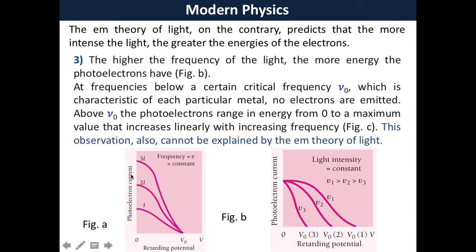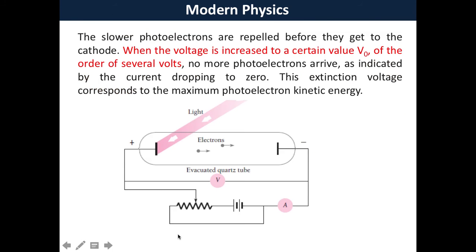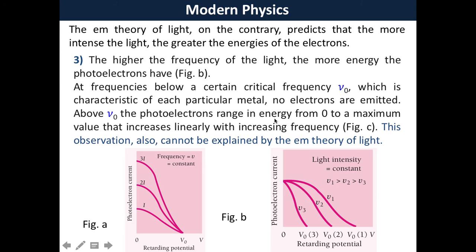Here we can see the intensity changing. If we change the intensity, the photoelectron current changes. We increase the retarding potential until it reaches V0. Here we have already given a certain value of V0. Frequency is constant when intensity is changing, so the photoelectron current changes.